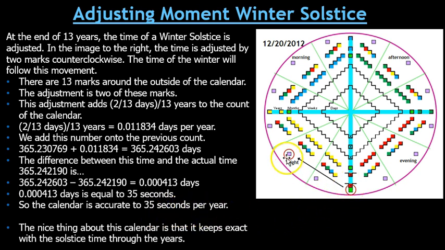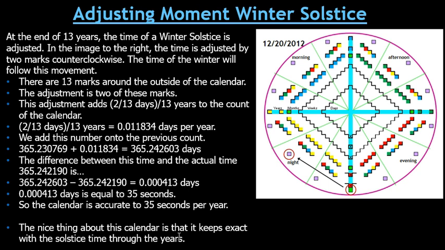Just by making this one little adjustment every 13 years, following the 13-year cycle, following the 13th year meaning of 13 years of 12 meridians, 12 years, up to a 13th year, which is a return to spirit, however you want to define that, using your own spiritual tradition. So the nice thing about this calendar is that it keeps exact with the solstice time through the years.